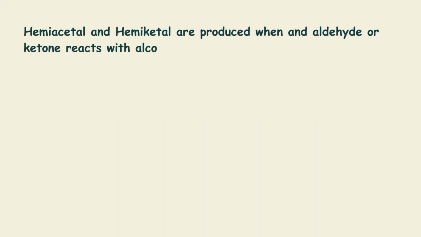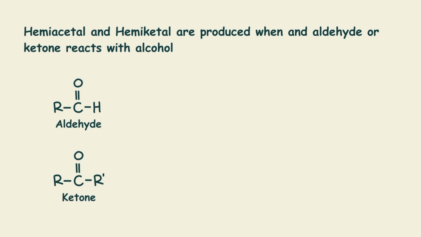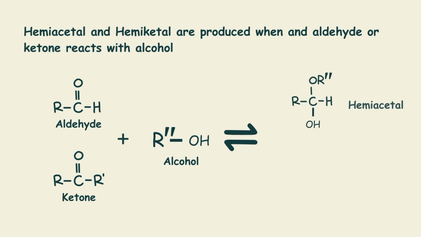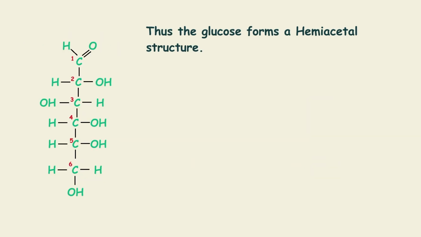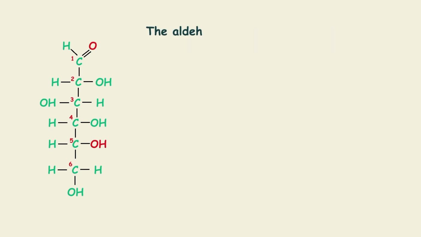Now let us understand the hemiacetal and hemiketal structure. Hemiacetals and hemiketals are produced when an aldehyde or a ketone reacts with an alcohol. This results in the formation of a hemiacetal or hemiketal structure. In the case of glucose, the aldehyde group of glucose forms the hemiacetal structure.